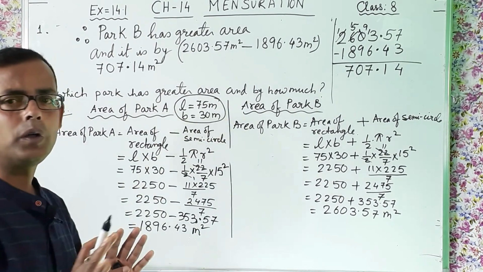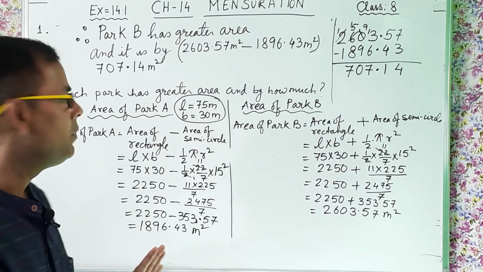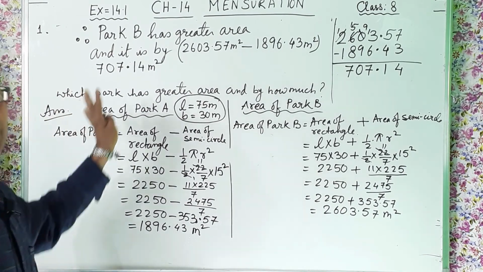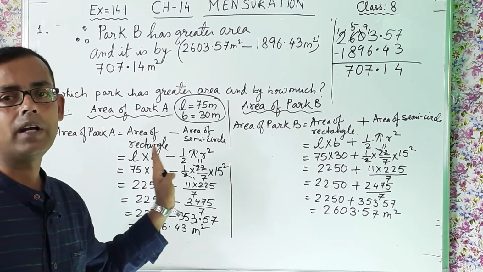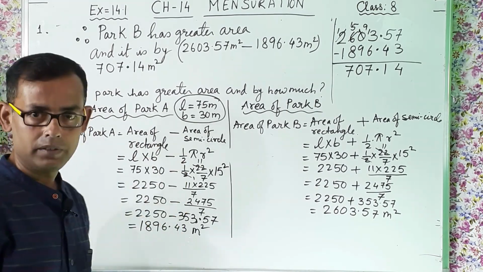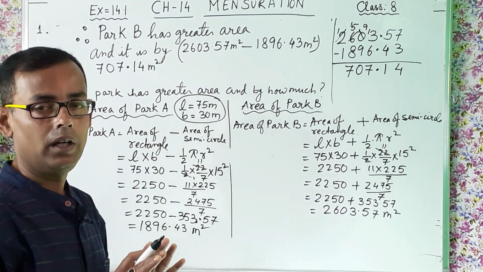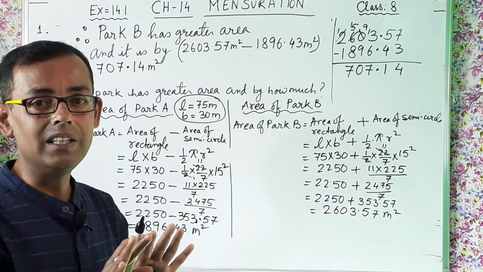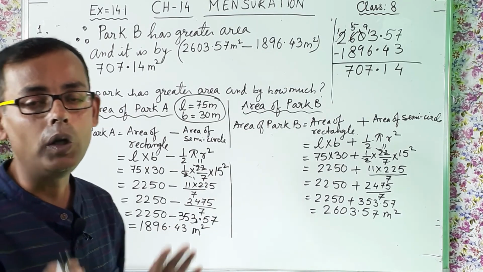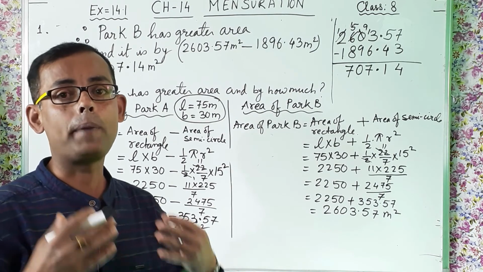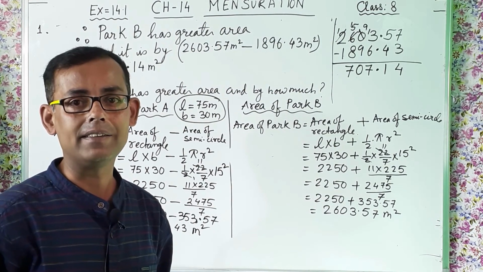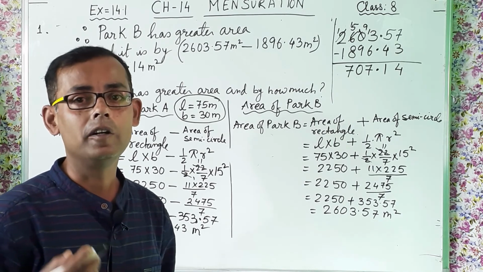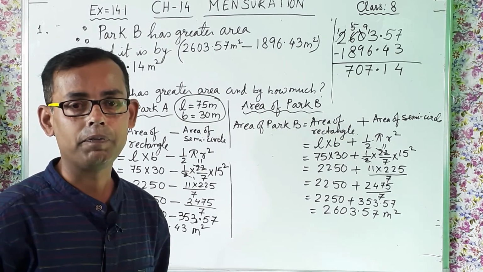If you don't write also, no problem, because these are diagram sums. So, in the diagram only it is telling that length is 75 and breadth is 30 meter. I hope this sum is very much clear to you all. Only the thing you have to do is to practice again and again. Then only you can do it in the exam. If it comes in the exam, you can do it very fast, very quickly.